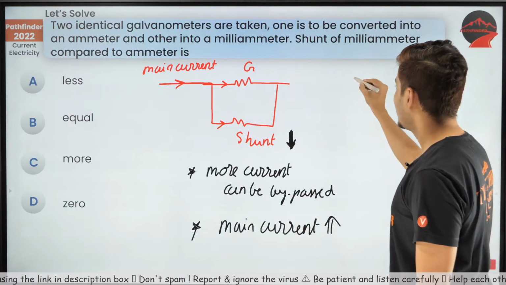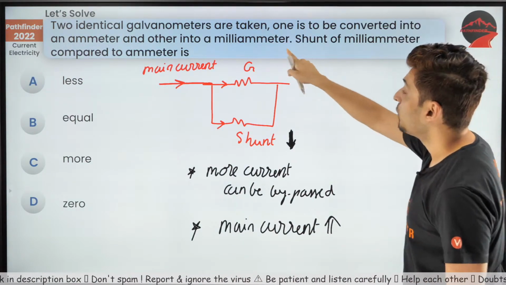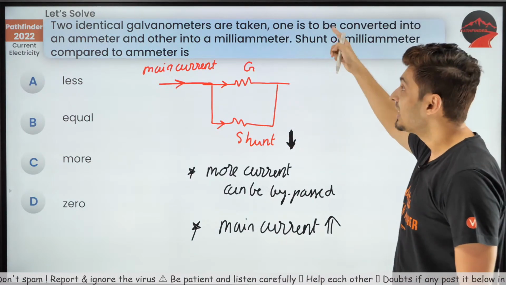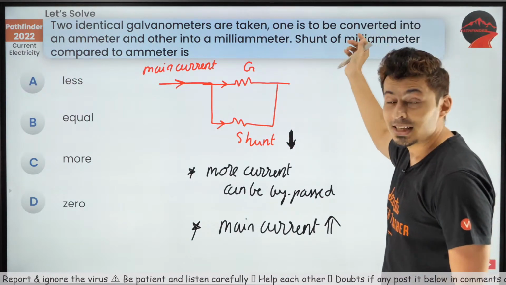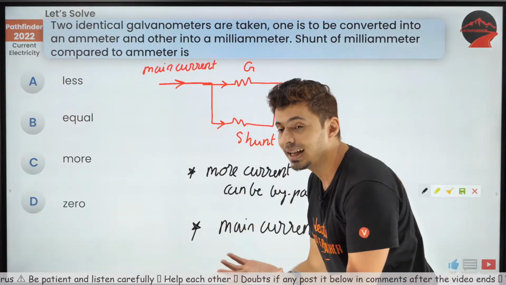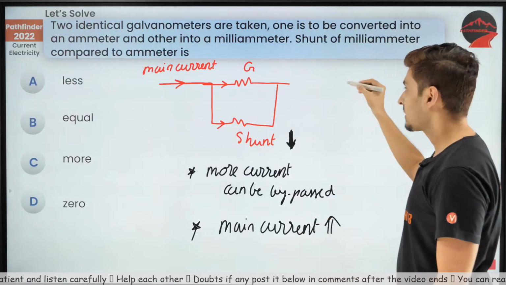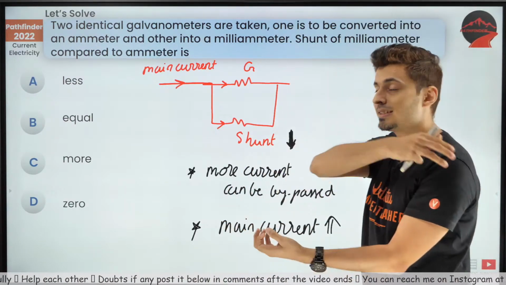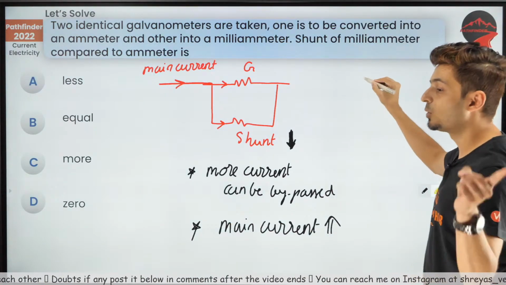So think about it. One is an ammeter, one is a milliammeter. Which resistance will be more? The one whose range is more will have a lesser shunt. So whose range is more? Ammeter.